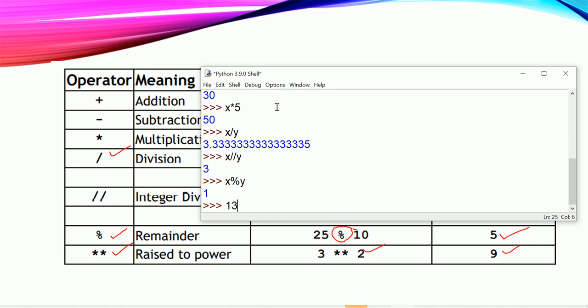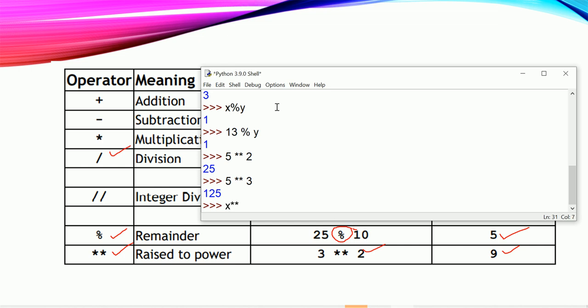Suppose we use 13 modulus y, definitely we get 1. Then raised to the power: 5 raised to the power 2 equals 25, and 5 to the power 3 is 125, same.